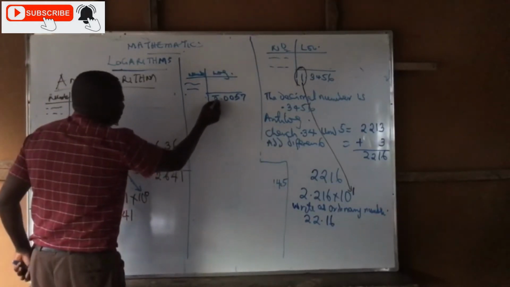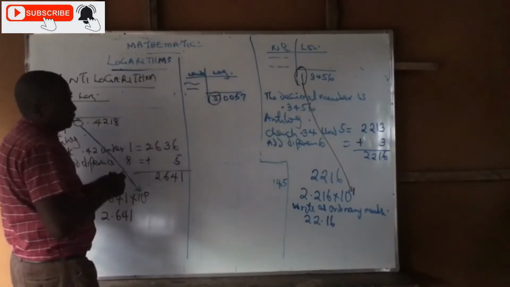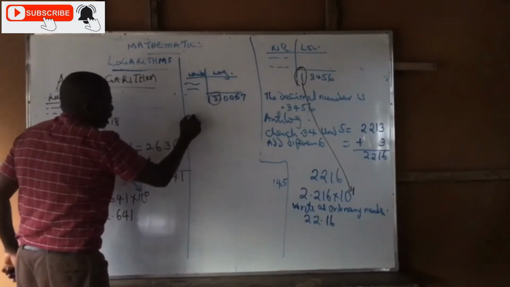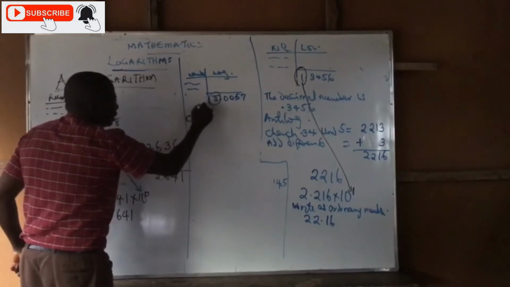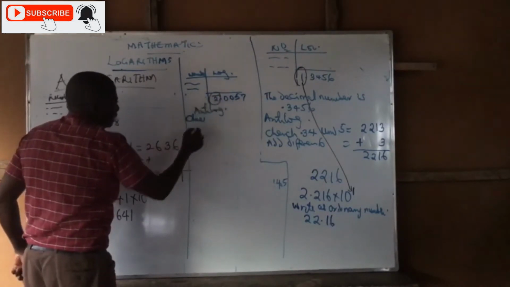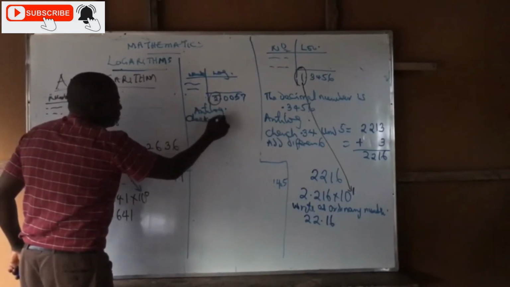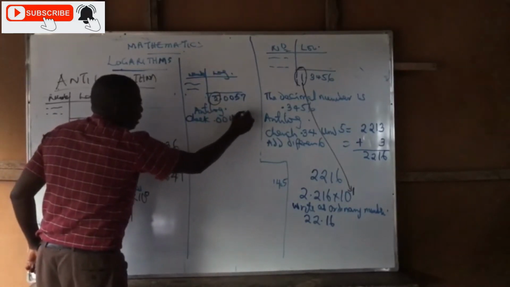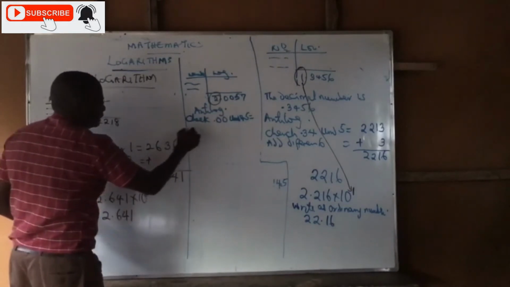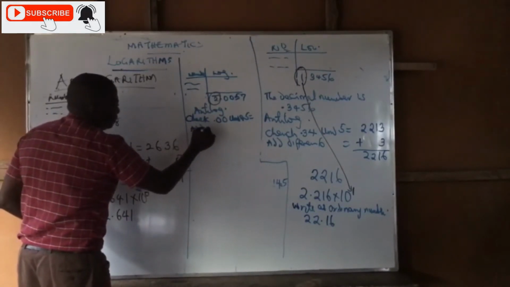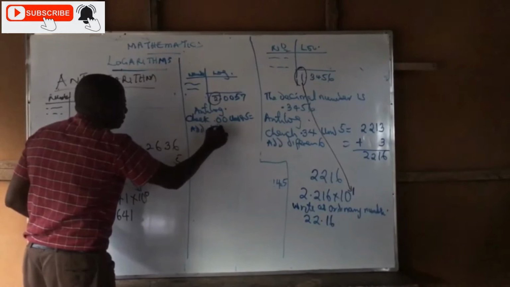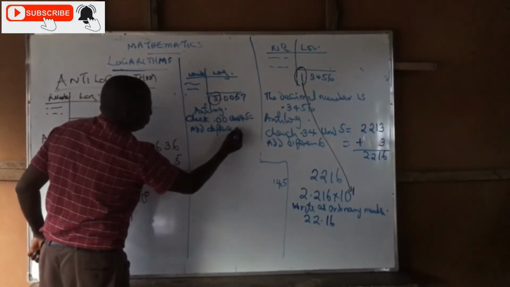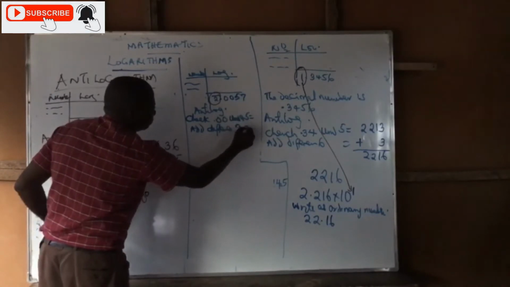So what do we check? This one will be kept as we have seen it before. Under the anti-log, check 0.00 under 5. Then add the difference 7.